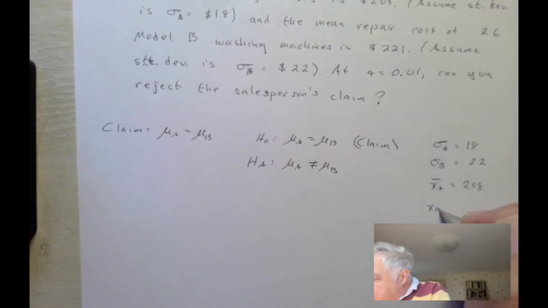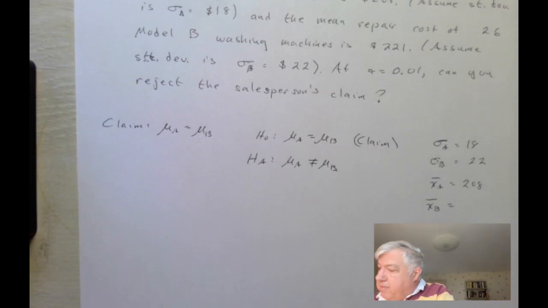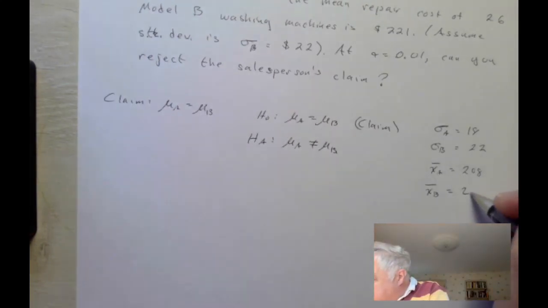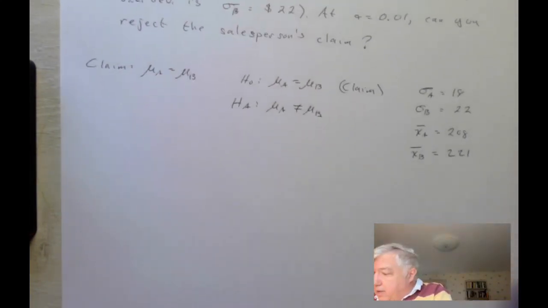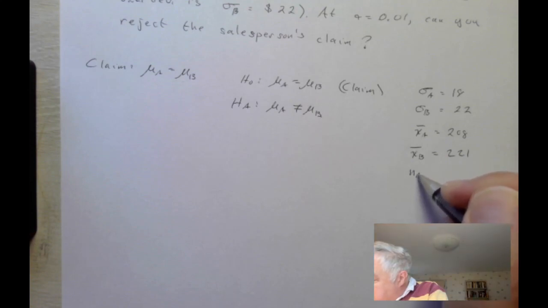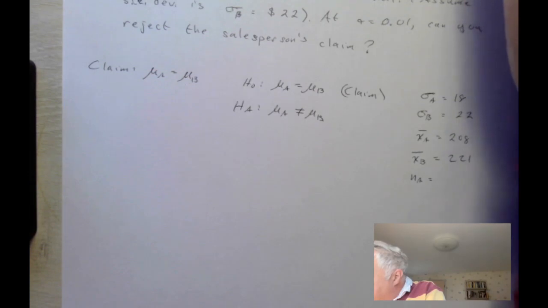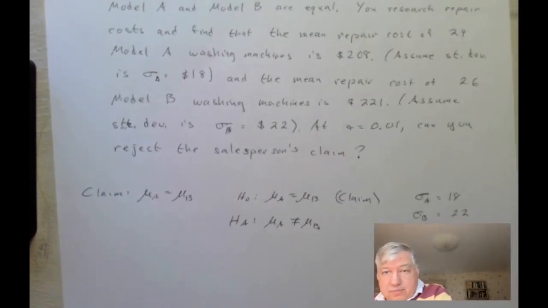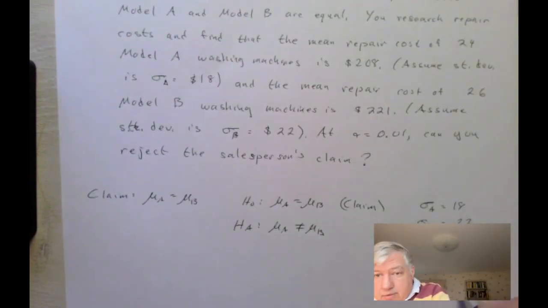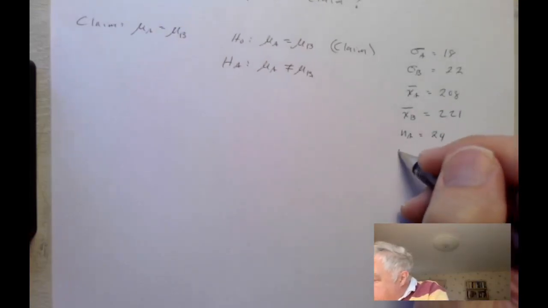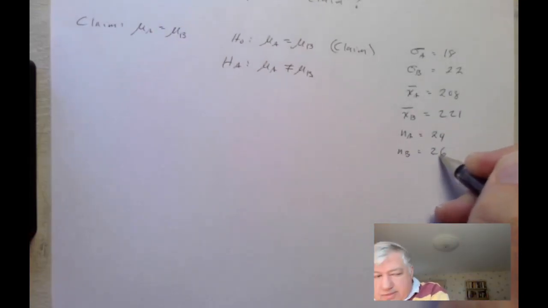From our sample of Model B machines, that was 221. And the size of our first sample was 24, and the size of our second sample was 26.